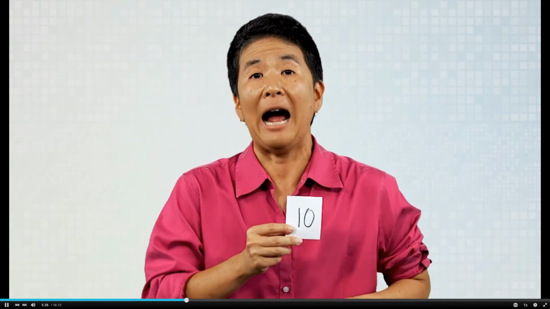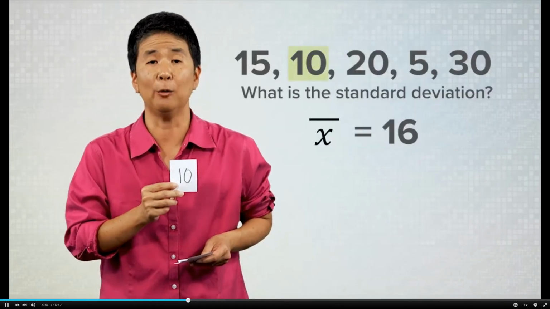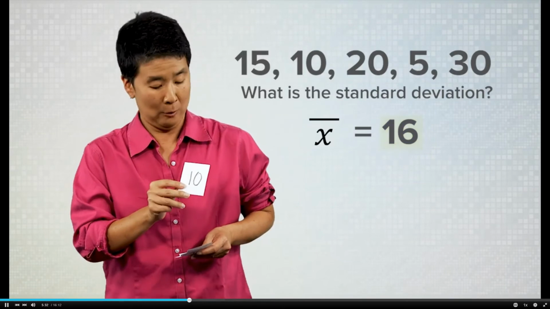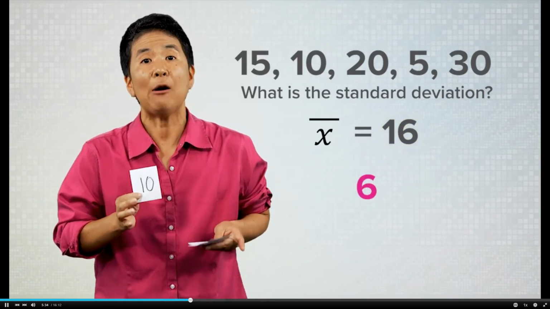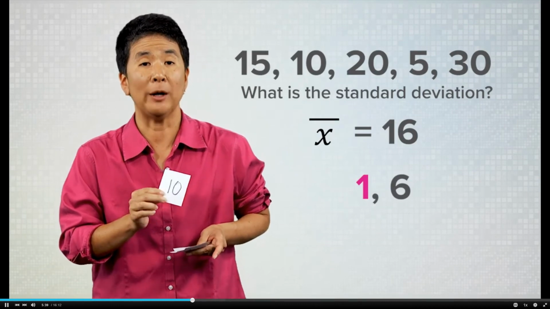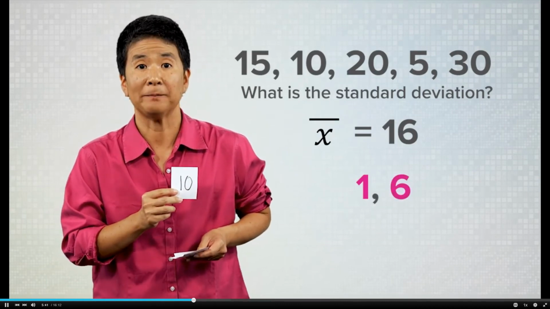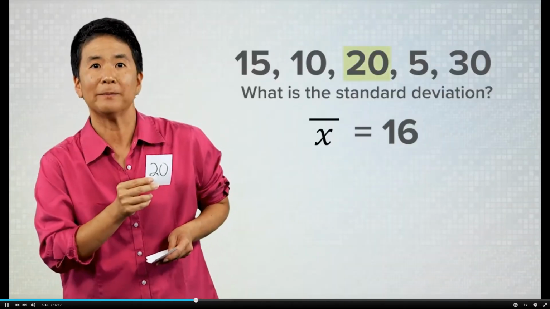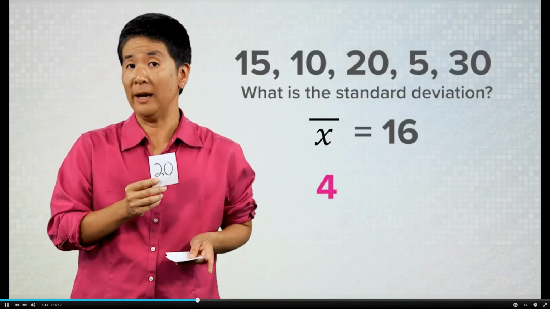Okay, keep that in mind. Now I'm going to pick another one. 10. About how far is 10 away from 16? Well, that's 6. Now I have data points that are 1 away and a data point that is 6 away. I'll pick another one. 20. That's 4 away.